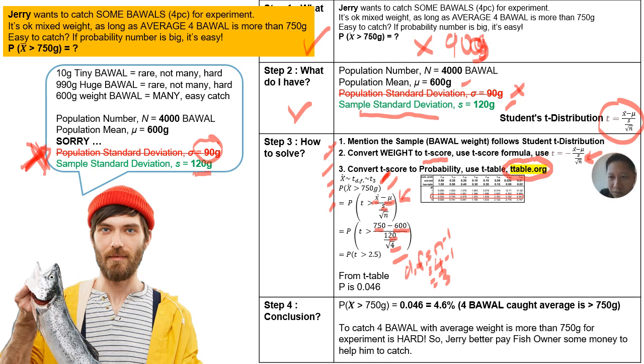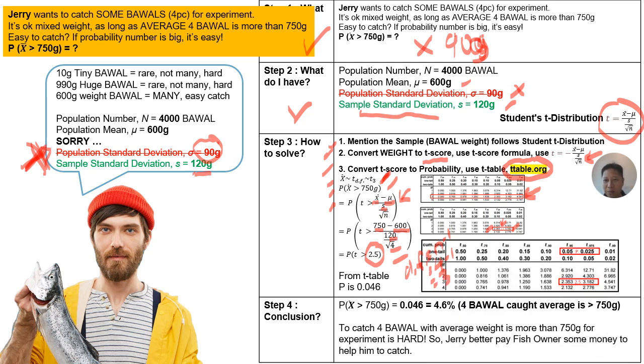First step is to highlight the whole row where df equals 3. Second step is to narrow down where our 2.5 is located. So 2.5 is between these two numbers here. Step number 3 is to mirror up to find our probability.